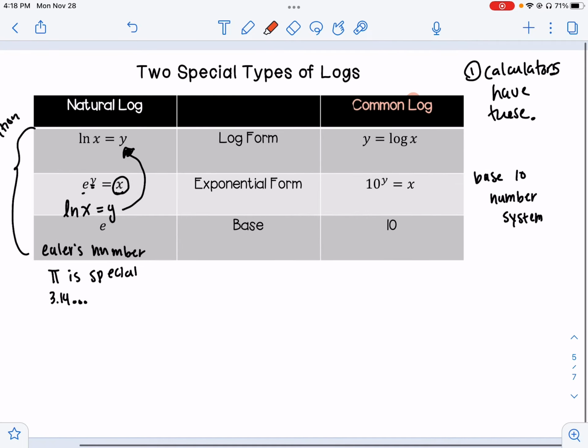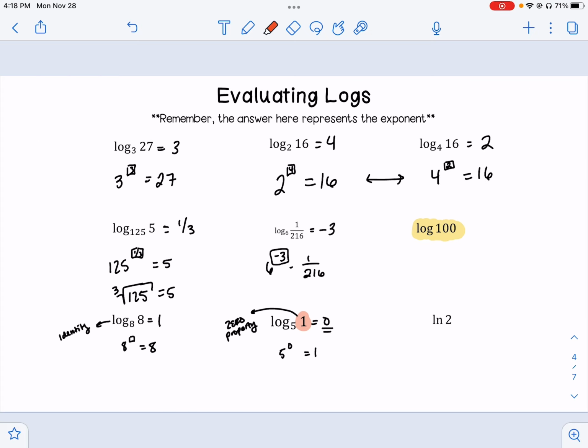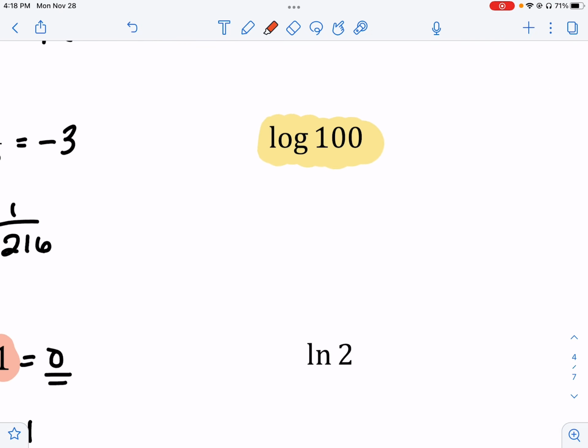So now that I've looked at these, I can actually come back to two of these original ones that we left. So here, as soon as I see that there's not a base, I go, oh, actually there was a 10 there. So I'm saying 10 to the what equals 100. Well, the 10 ones are really cool, and it's how many zeros do you have? So I have 2 zeros, so 2. 10 squared equals 100.